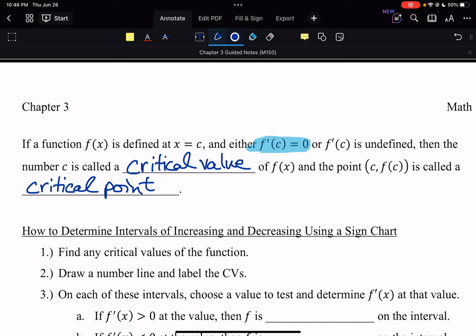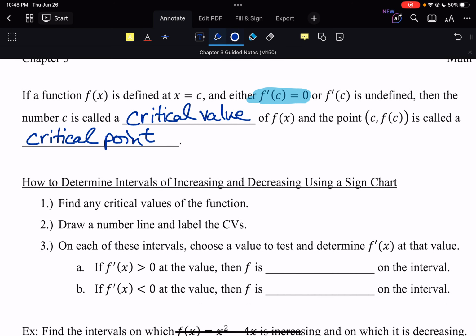So now, if we want to use this idea to determine where a function is increasing or decreasing, here's what we're going to do. So we're going to first find any critical values of the function. Okay, so we're going to find any values where the derivative is 0 or undefined.